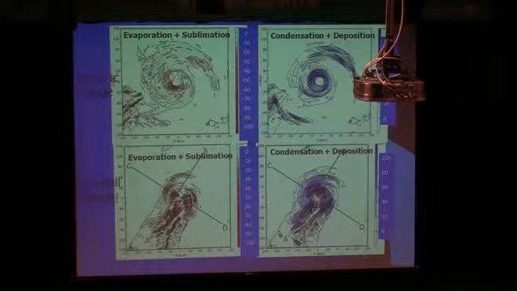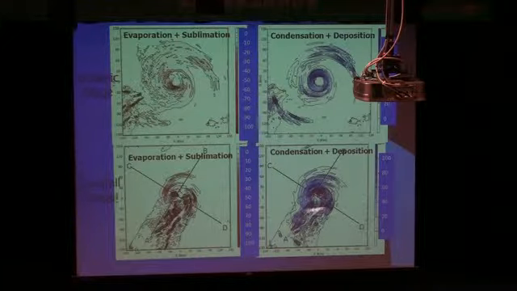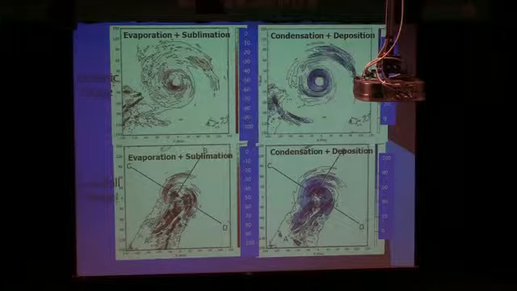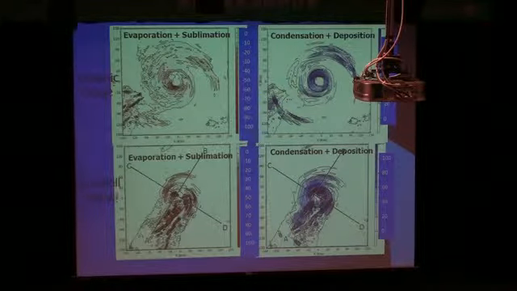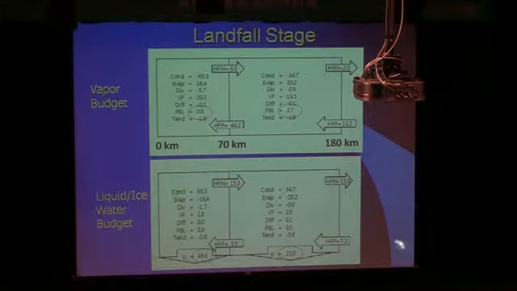By the way, this is in a relative unit, not an absolute unit. So there is some difference in terms of the total condensation, because the total condensation amount is increased like 20 to 40% after landfall. And another contribution is due to the transport of the horizontal water vapor flux.